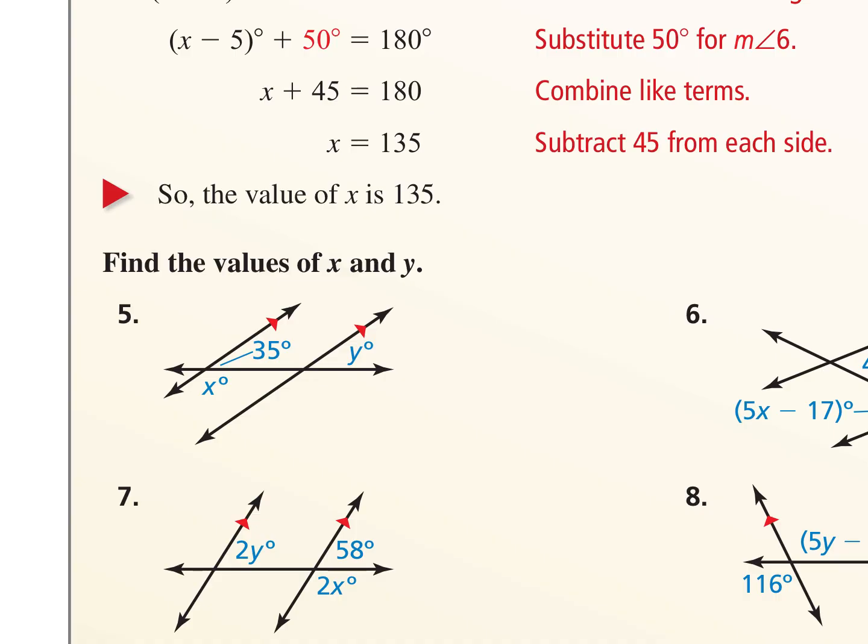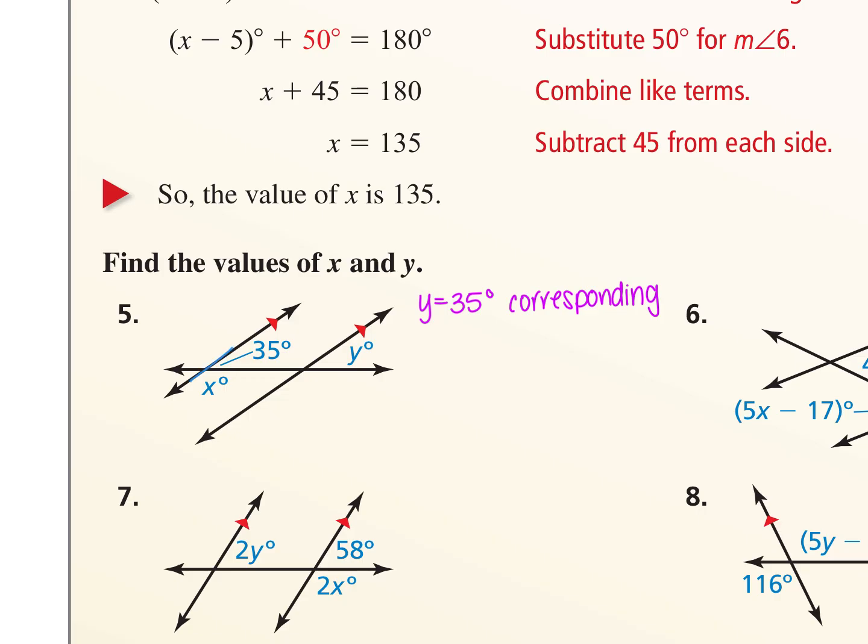So for 5, the easiest one to find first was y. So y is going to equal 35. How do I know y is going to equal 35? Good. So you did not have to write corresponding, but I'm going to go ahead and write it for you just so you know. Corresponding. Okay, x.